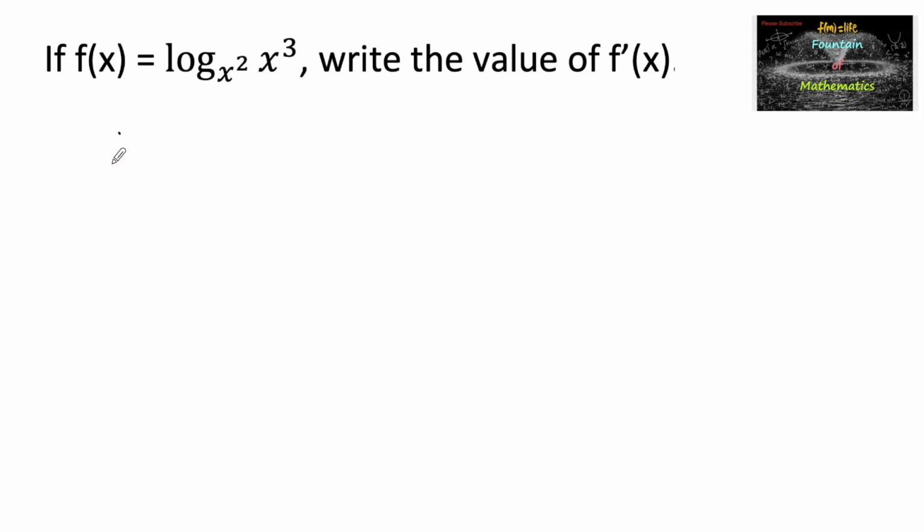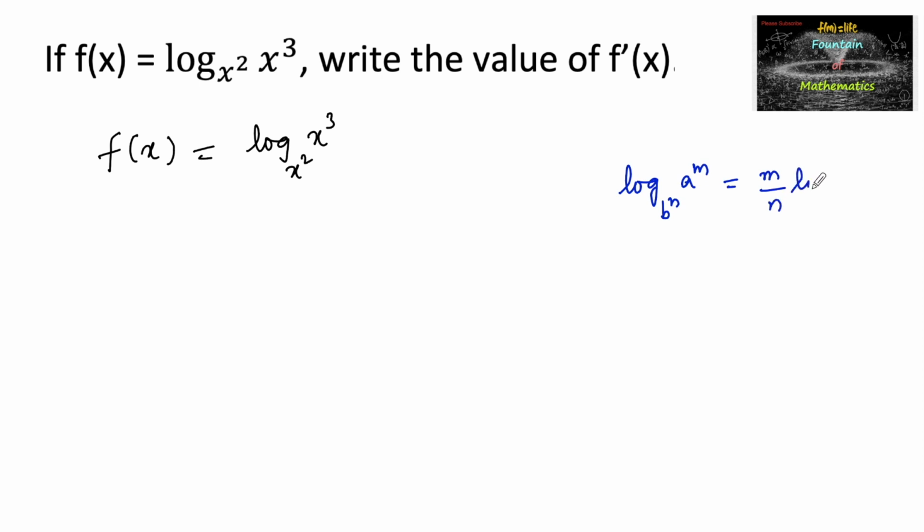If f of x is equal to log x power 3 to the base x square, then write the value of f dash of x. And we know from properties of logarithm, log a power m to the base b power n is equal to m upon n log a to the base b.